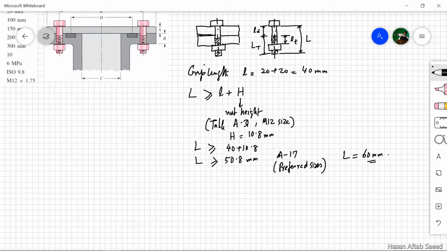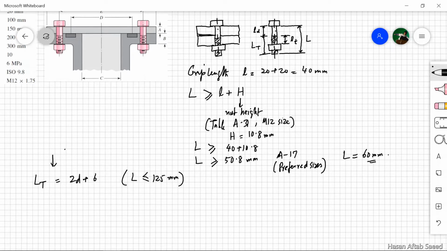What about LT? Because we will be needing these LD and LT, small LD, small LT, because we are going to use these values for stiffness calculations. So let's get these things out of the way. LT is equal to 2D plus 6 in the case of lengths less than 125 millimeters, and because this is less than 125 millimeters, this is applicable.